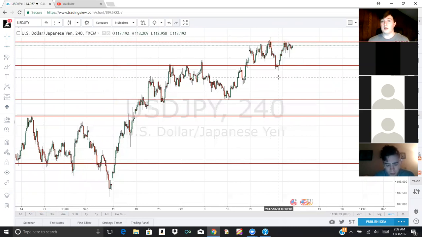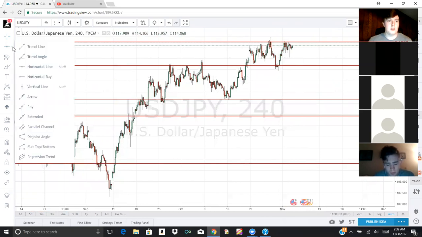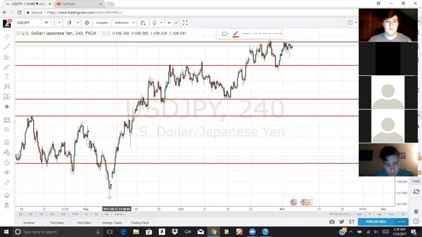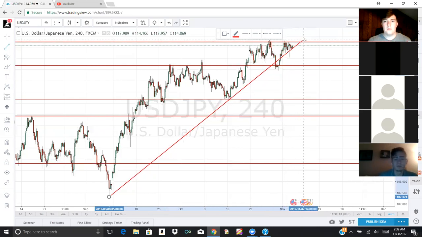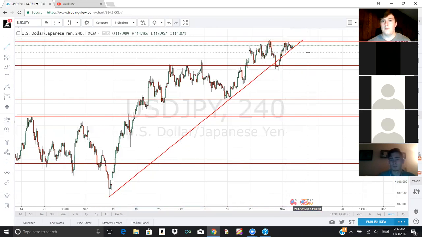Basically tells you where the market's going and where the market's had issues breaking through or pushing through, right? So if we were just to mark up USD/JPY, we take a trend line, take it from the very bottom wick, boom, there's my trend line, right?